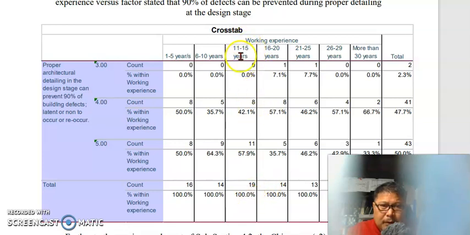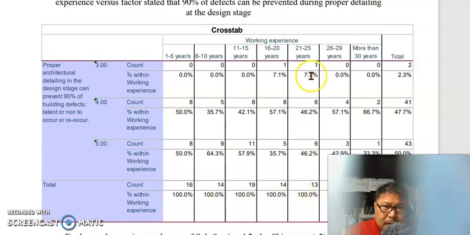Those who had experience of up to 15 years agreed on the issues here, the hypothesis there, meaning that it's more like middle experience.